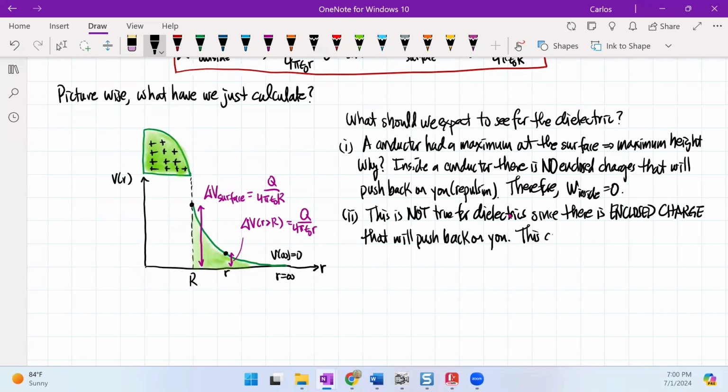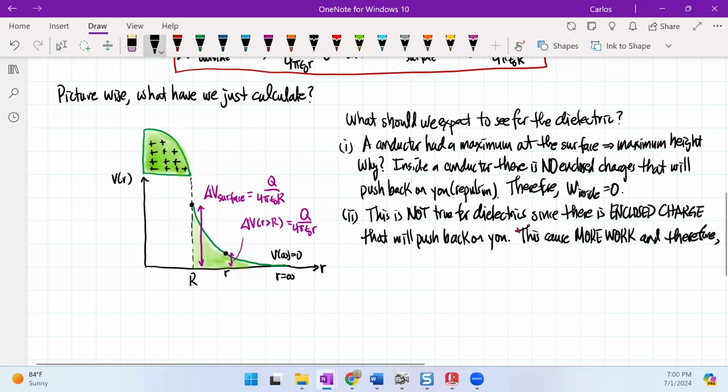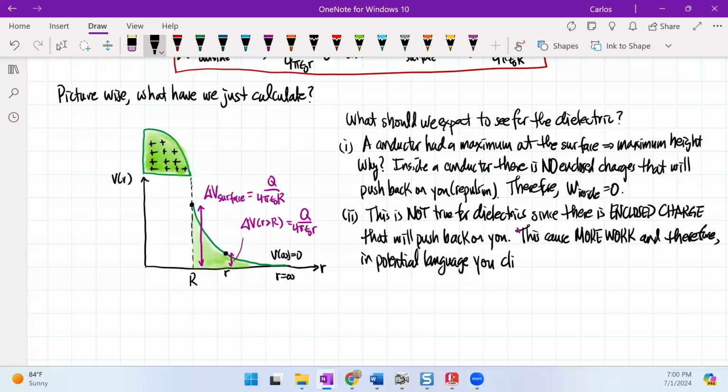This causes more work. And therefore, in potential language, you climb up higher.